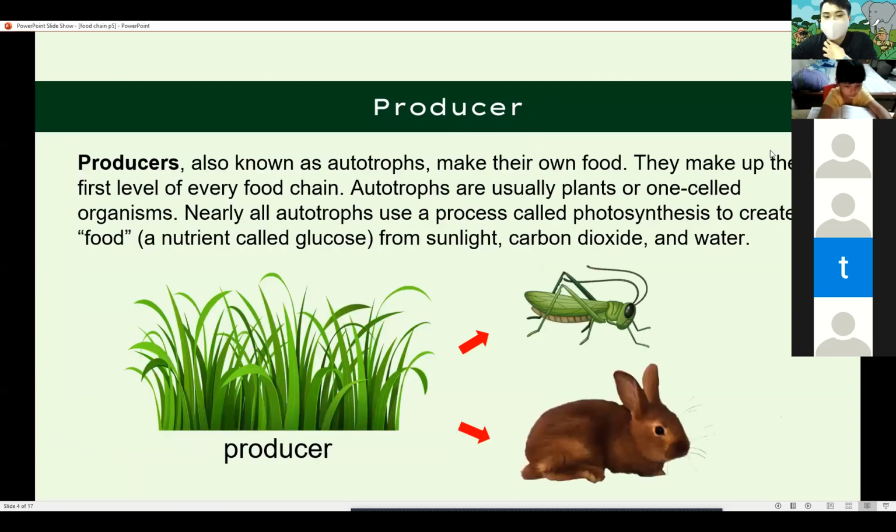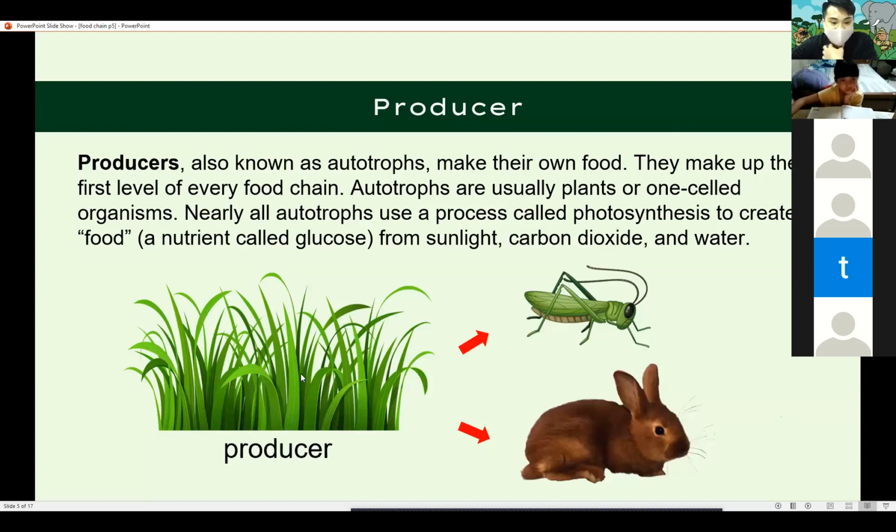So, producer. If you say producer, they are also known as autotrophs, or they make their own food. So we all know that plants make their own food using photosynthesis, right? So they make up the first level of every food chain. So all food chains start with the producers.